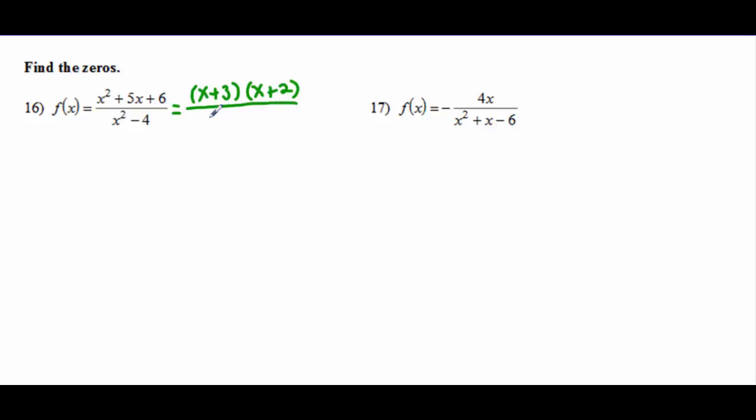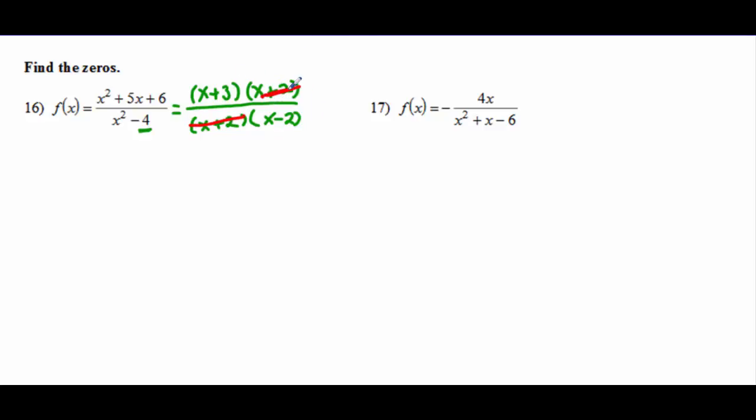On the bottom, we split up x squared minus 4 into x plus 2 and x minus 2. The idea there is that you want to know what multiplies to get negative 4 that cancels out, because there's not a middle term. So that has to be a positive 2 and a negative 2. So we do have something in common that cancels.